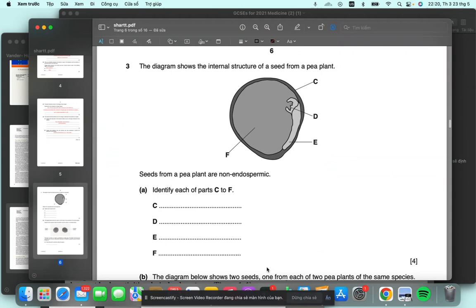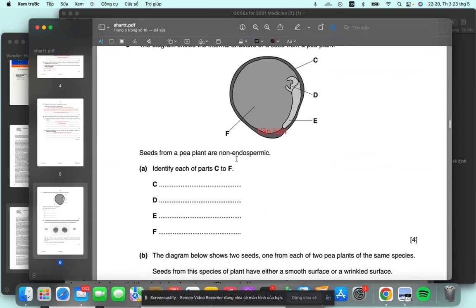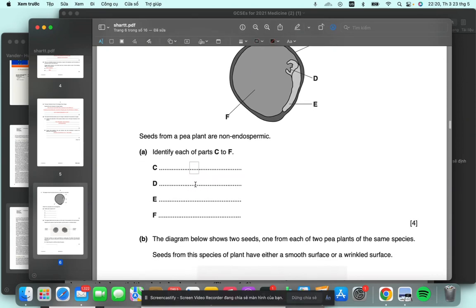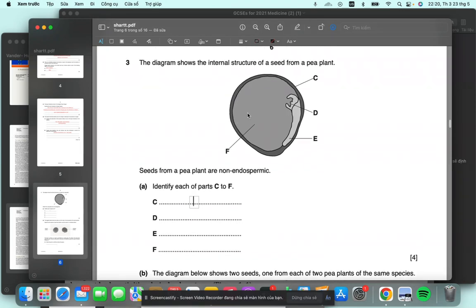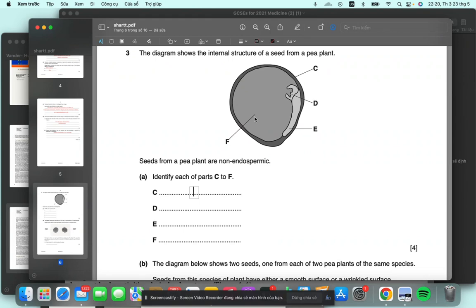Identify each of the parts. Seed of a pea plant, seed drop non-endospermic, endospermic. So the outside is the layer. The seed coat. Then we have the embryo; the entire inside is the embryo.